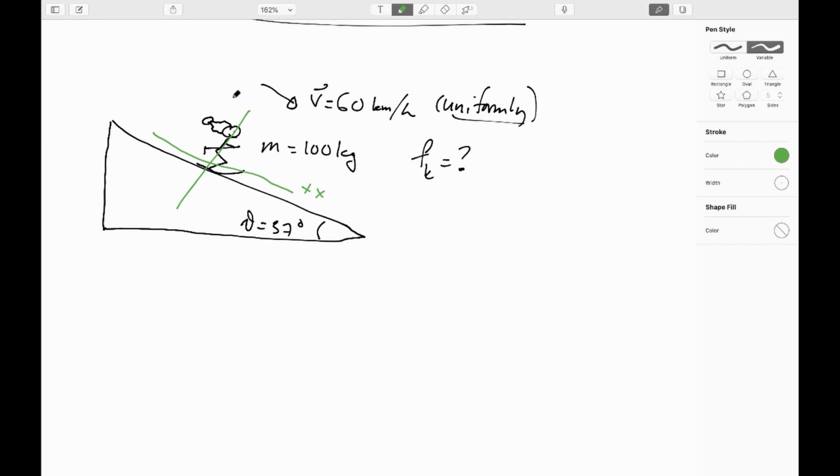And since if there's going to be any acceleration, it's almost certainly going to be down the plane, you're almost always going to want the plus x-axis pointing down the slope. And that'll be the case here.